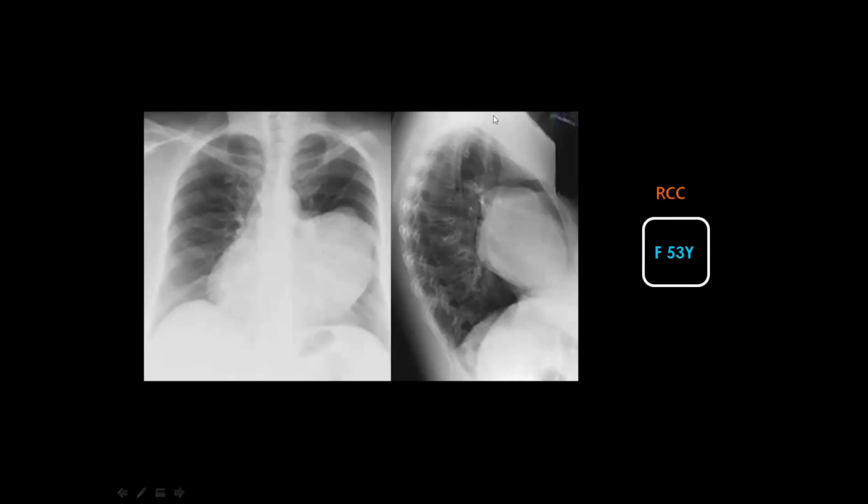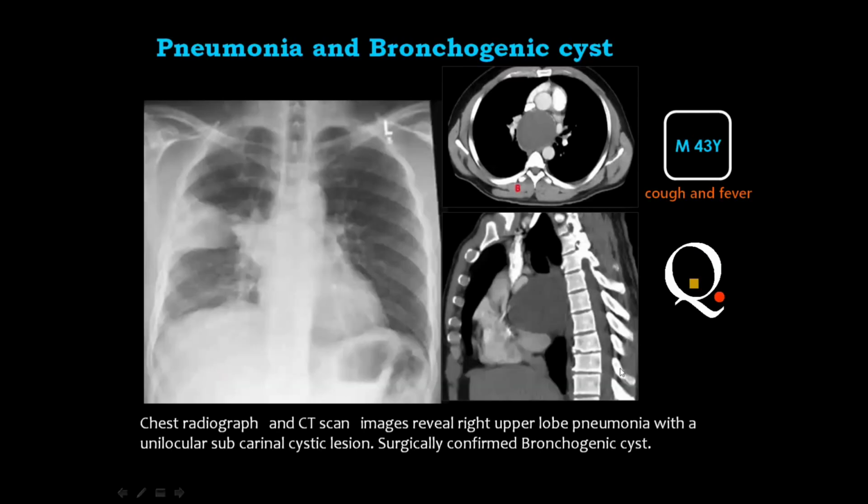Actually, regarding the previous case, I said in the lectures that bronchogenic carcinoma and esophageal duplication cyst, both lesions can exist at the location of the other lesion, meaning that an esophageal duplication cyst can be located at the carina, and a bronchogenic cyst can be located near the diaphragm.